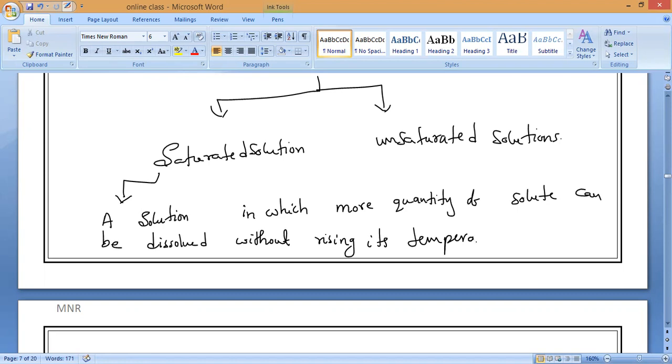Understand, Omar? Without raising its temperature is very, very important. Understand, Reddy, Akilan? Without these words, it is not correct.